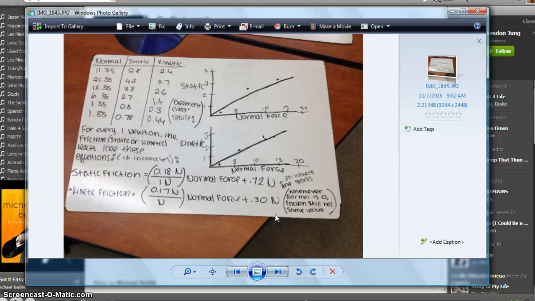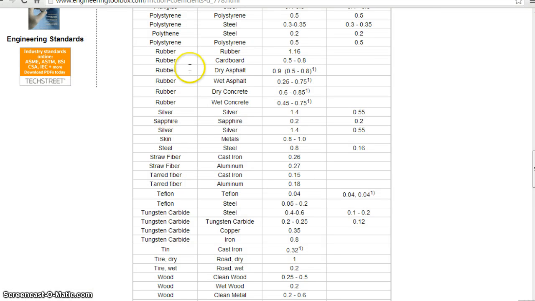If we put this into real life, both of these lines will be higher if the friction is high, and lower if the friction is lower. So if you put this into the perspective of driving, here it is: dry asphalt, dry concrete, wet concrete on rubber.